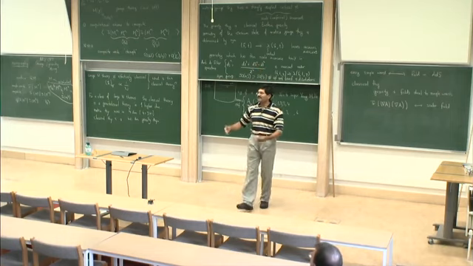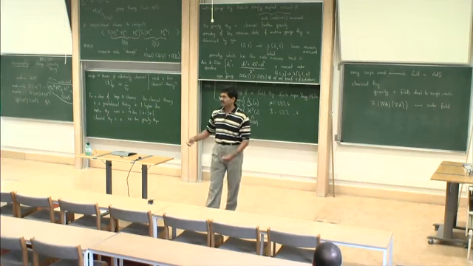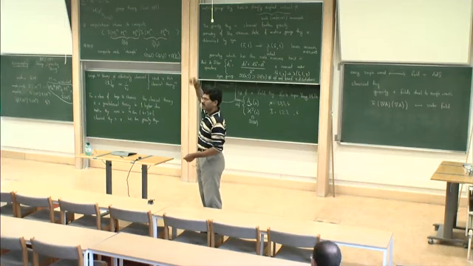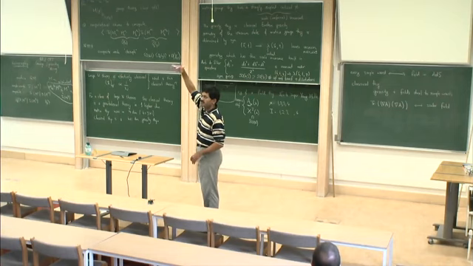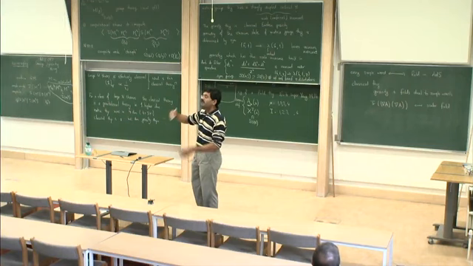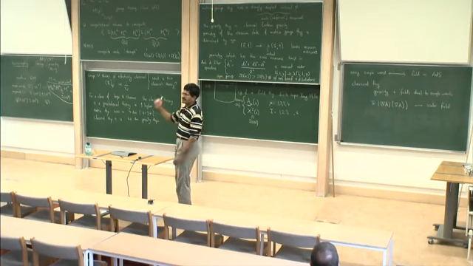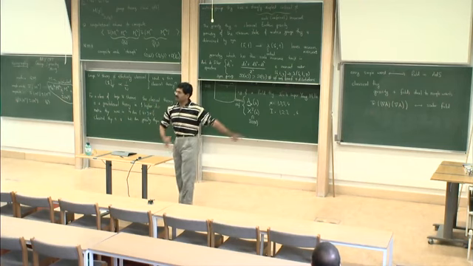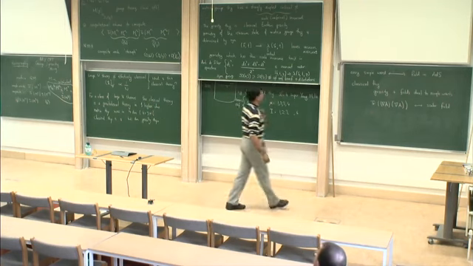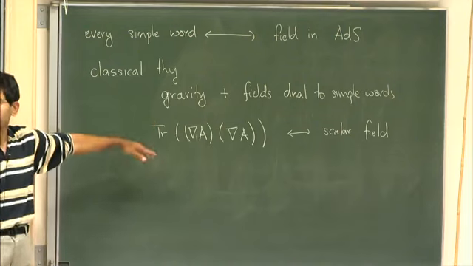I can organize them into a finite number of particles by working in true string theory, which is in 10 dimensions. So there's a finite number of particles in 10 dimensions, but when you reduce and talk only about this 5-dimensional picture, you have an infinite tower.